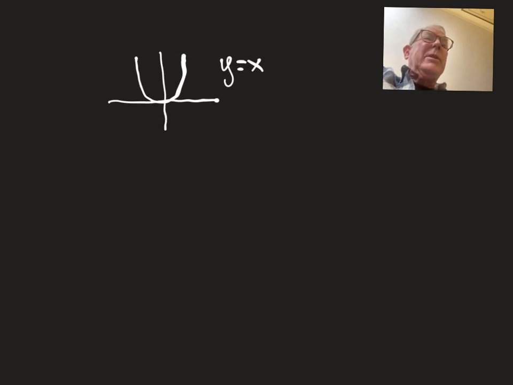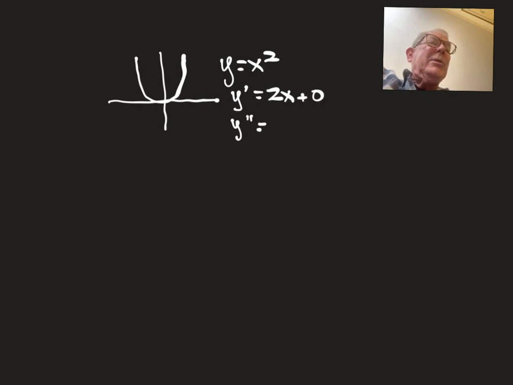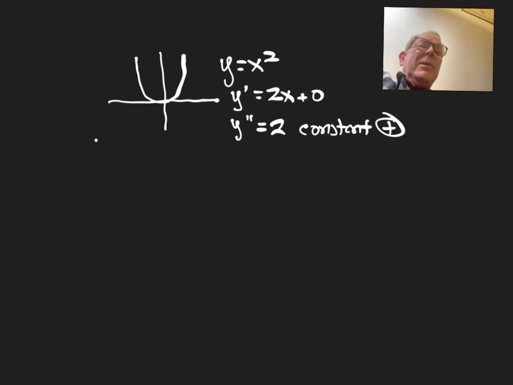Y equals x squared. First derivative equals 2x. That's a line, so plus 0, right? mx plus b. Y double prime is 2. It's a constant, and it's positive. So, in a parabola, the second derivative can be written that way, or y prime, or y double prime.